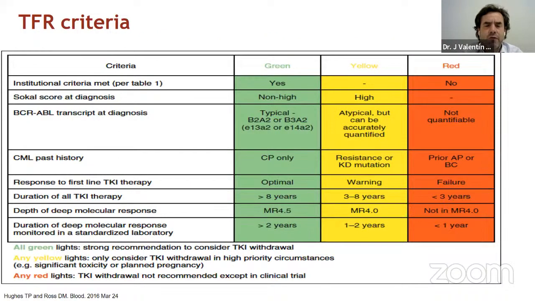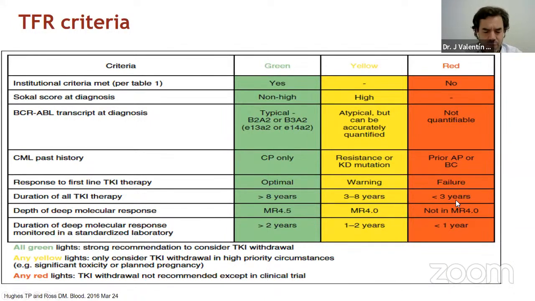There are a few recommendations and guidelines in order to identify those patients that could be candidates for TFR strategies. And we can summarize that the patient needs to be always in chronic phase. It does not apply for second line. Always in chronic phase, and probably under treatment for a period of 6 to 8 years, and in what we call a deep molecular response for at least 2 years.